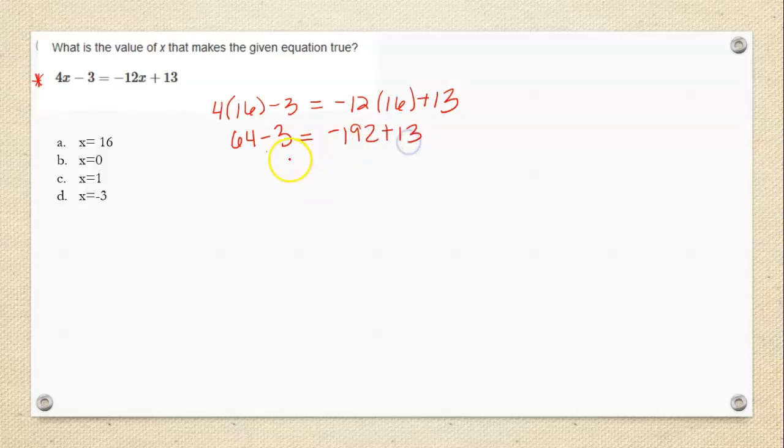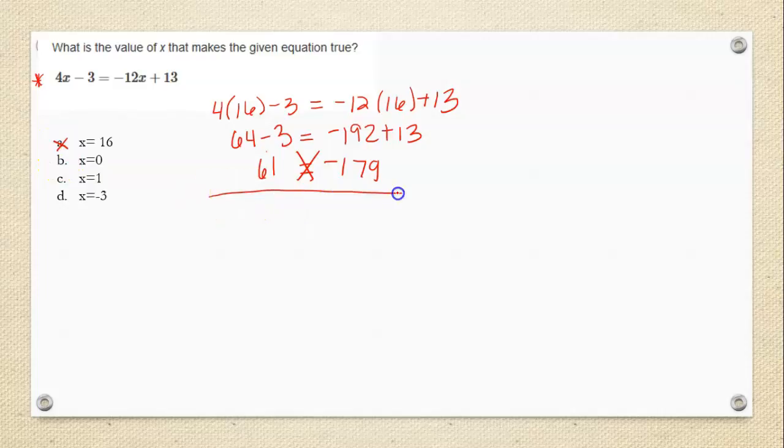All right, let's keep reducing using PEMDAS. 64 minus 3 is 61. And you can already see that these are not going to be equal, right? Because 192 is a huge negative number. But we can go ahead and get the value. It's negative 179. So these are definitely not equal, right? So it's not A.